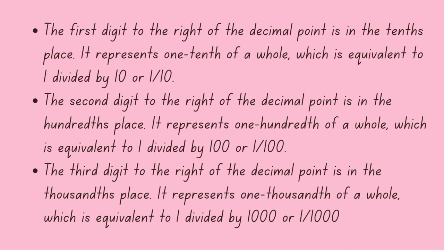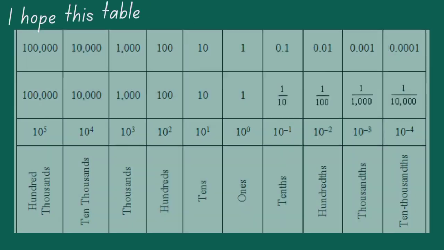The second digit to the right of the decimal point is in the hundredth place. It represents 1/100th of a whole, which is equivalent to 1 divided by 100 or 1 over 100. The third digit to the right of the decimal point is in the thousandth place. It represents 1/1000th of a whole, which is equivalent to 1 divided by 1000 or 1 over 1000.